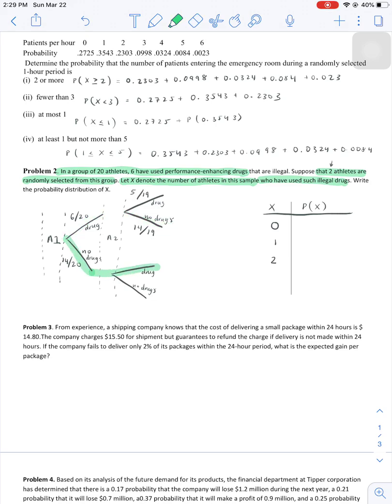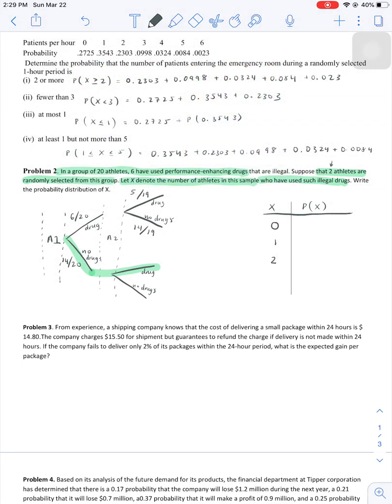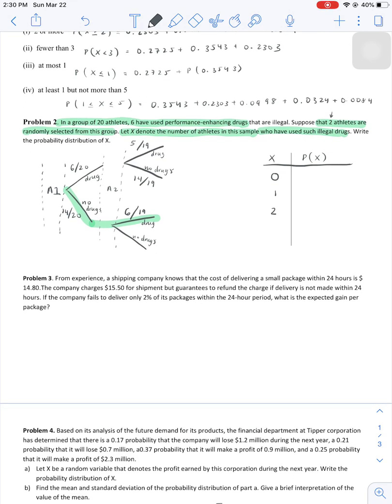All right, let's fill in the probabilities here. So now, suppose that the first athlete did not take the drugs. So then, we still have 6 athletes left who did. And again, that's out of 19 athletes.